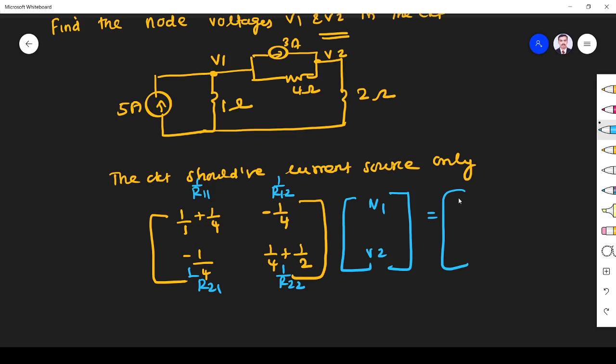Here 5 ampere current is incoming and 3 ampere is outgoing. Incoming should be positive, outgoing should be negative. In node 2, the 3 is incoming. So for node 1, 5 minus 3 is 2, and for node 2 it is 3. This is the format, since I is equal to V by R.